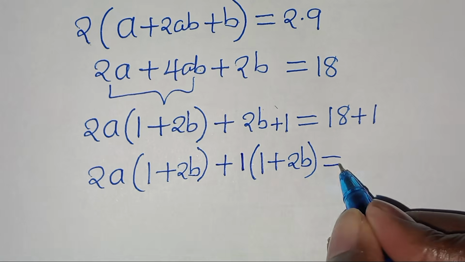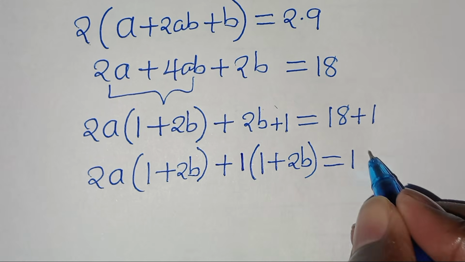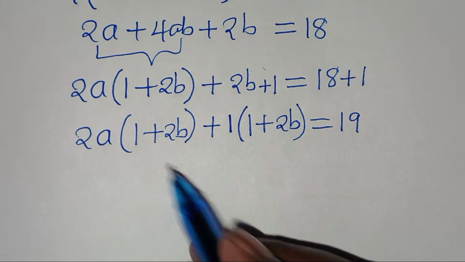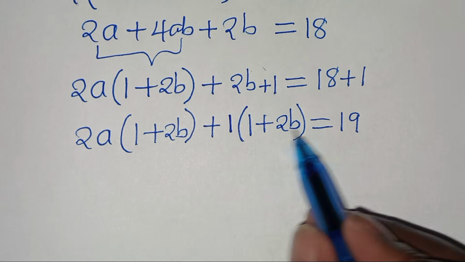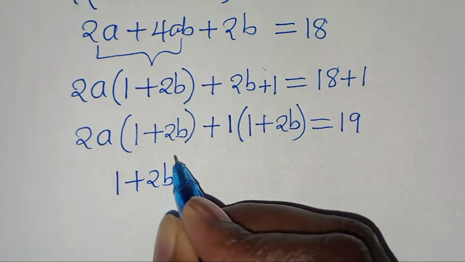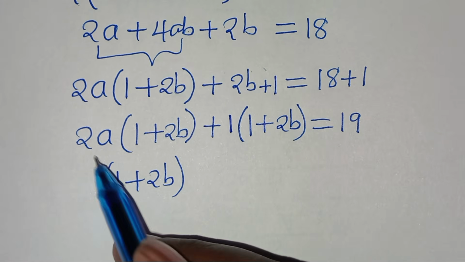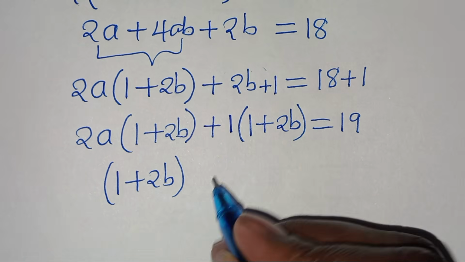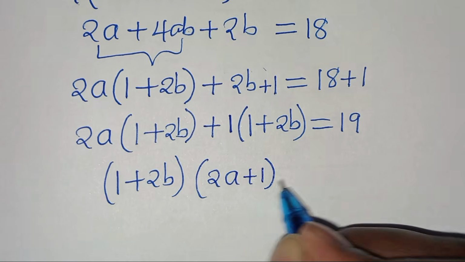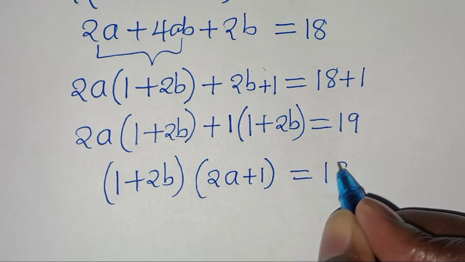This is equal to 18 plus 1, which is 19. So now 1 plus 2b is common, so we can factor out 1 plus 2b, then we have 2a plus 1. So (1 plus 2b) times (2a plus 1) is equal to 19.